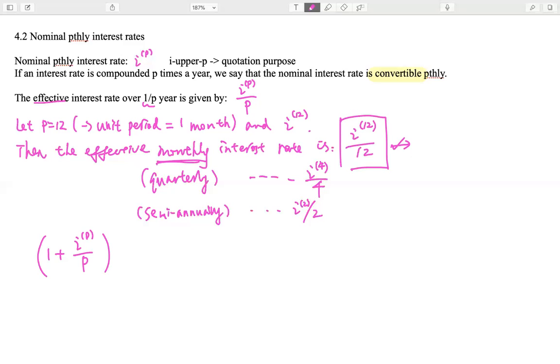And if I want to go to 1 year, I need to raise the power to P times. That's how I do the compounding, and this will give me the account value at 1.